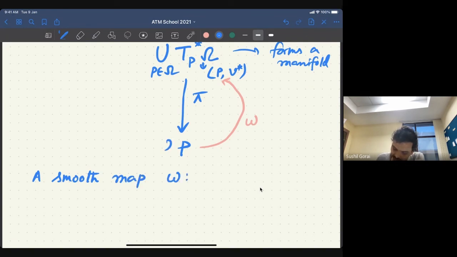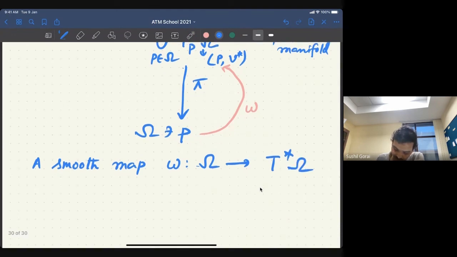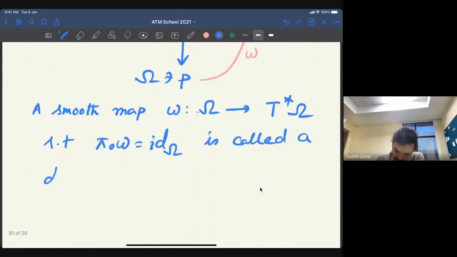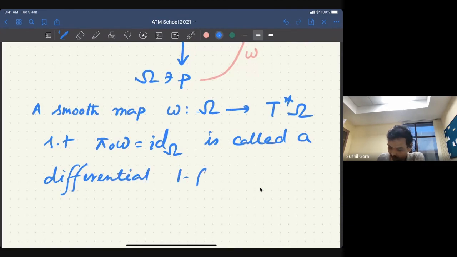Omega, from here it is omega to this one, this whole object, right? This whole object, which is nothing but T star omega, such that if you go via omega and then come back via pi, so pi compose omega is identity on omega, is called a differential one form.